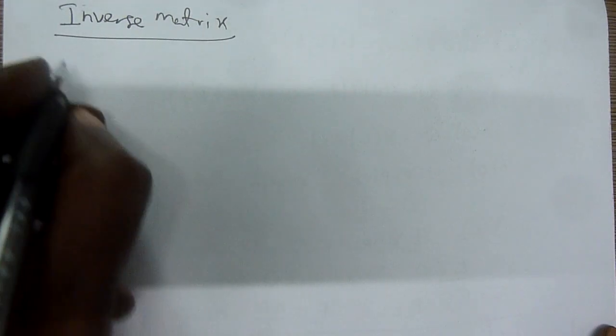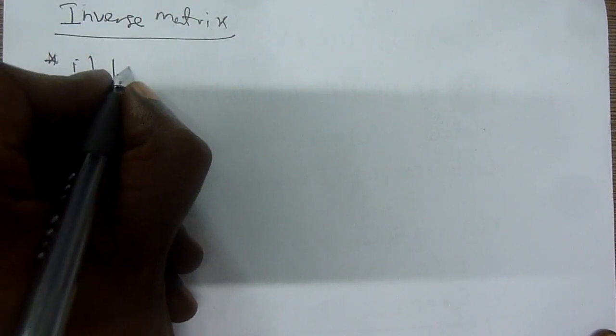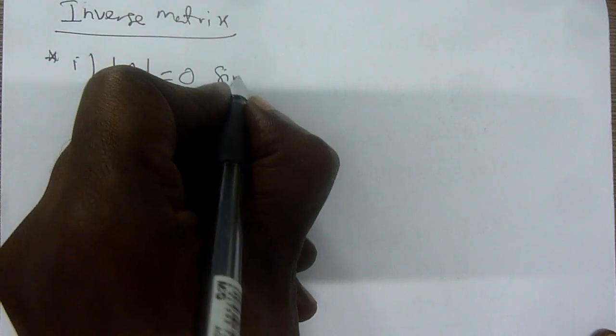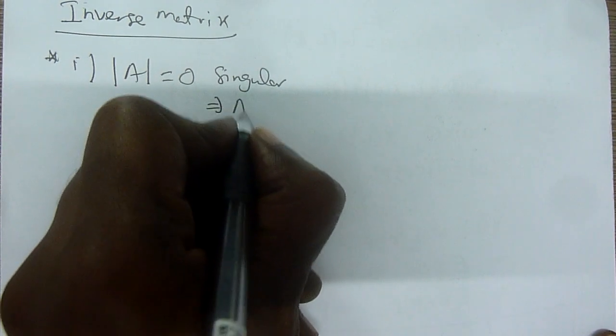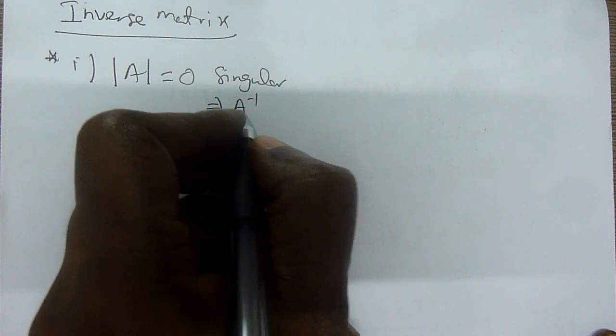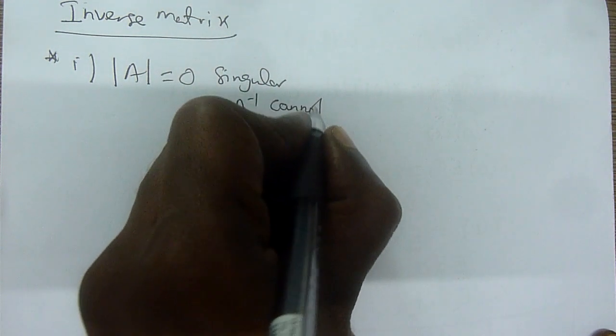Okay, one is a very important rule. If the determinant of A is equal to 0, we call it singular, where A inverse cannot exist.